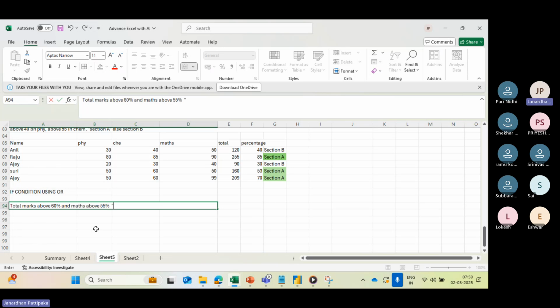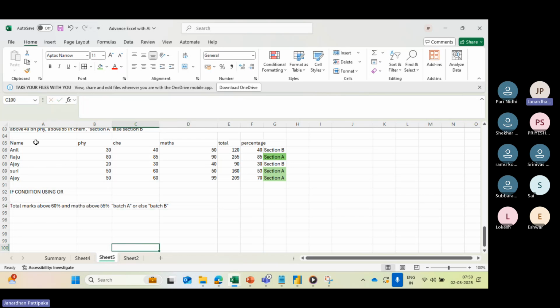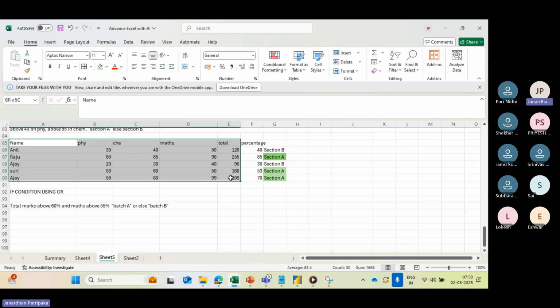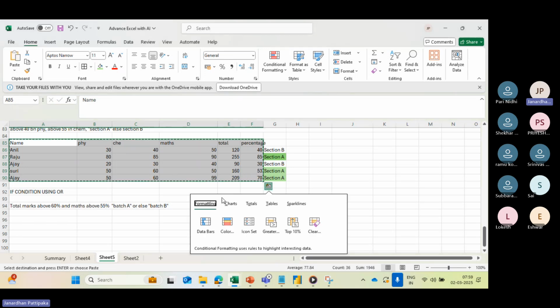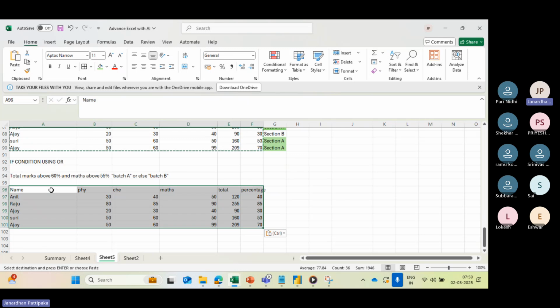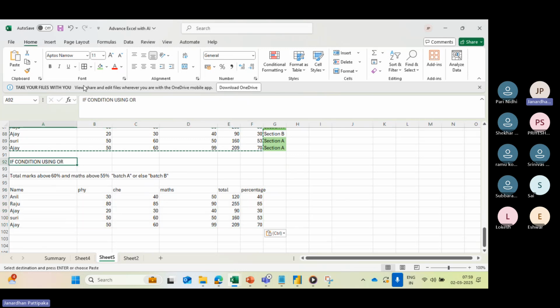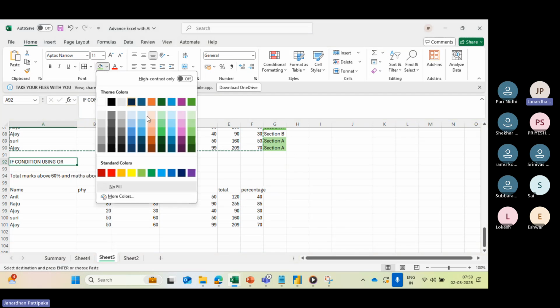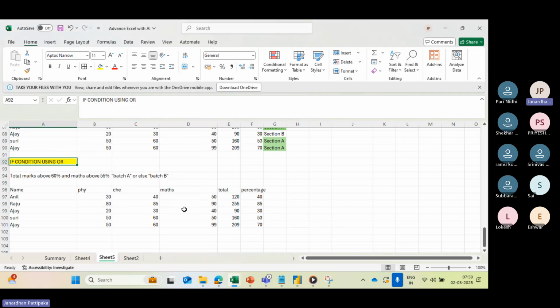Now if this is true, I want to move them into batch A, or else batch B. Now I will take the same data and the same percentage instead of entering the data again. I will use the same formula, but instead of using AND, I will use OR.